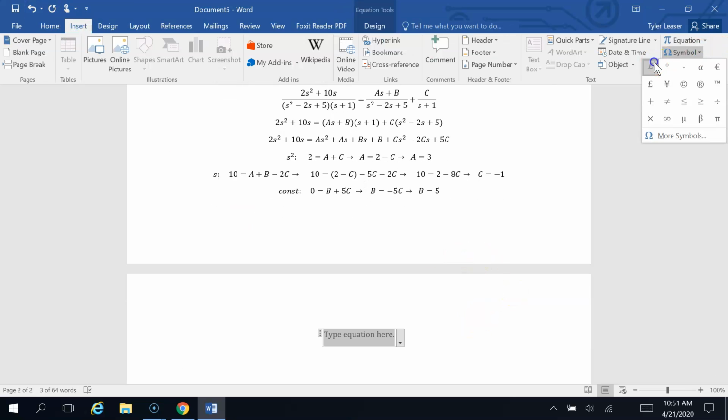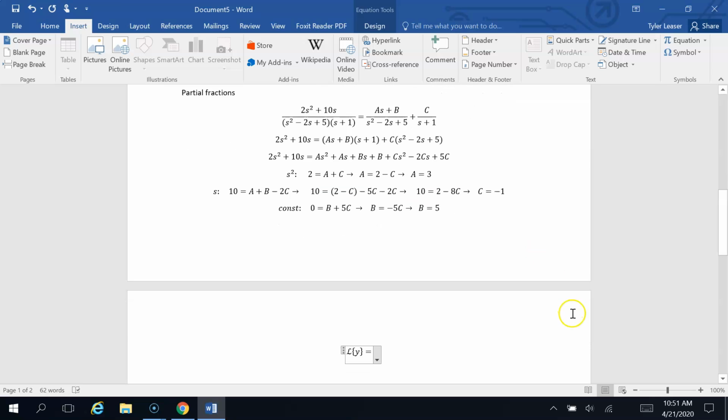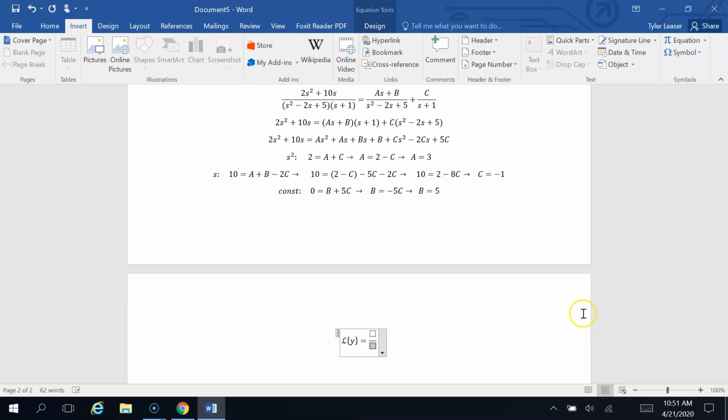So what we had is that the Laplace of y is equal to this thing here. But now we're going to break it up into our partial fraction decomposition. So it's going to be as plus b, which is 3s plus 5, divided by the s squared minus 2s plus 5, plus the c over s plus 1, which was negative 1 over the s plus 1.